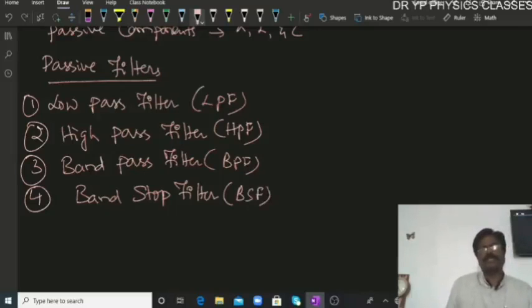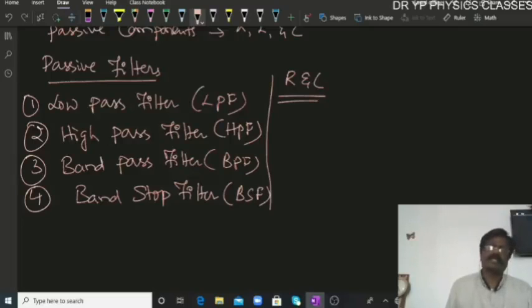Okay, these passive filters, mainly we are discussing filters using R and C. RC filters we are going to discuss. R and C, resistance and capacitance. You can construct passive filters by making use of resistance and capacitances.